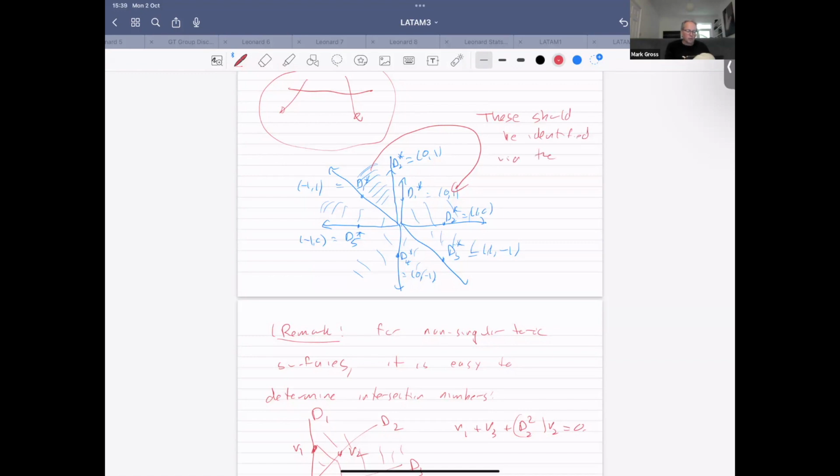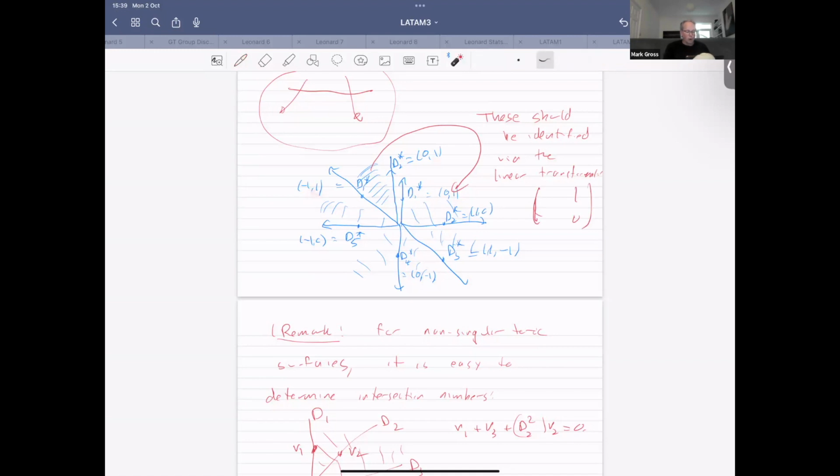These should be identified by a linear transformation. Well, let's see, D2 star is 0, 1. This copy of D2 star should be identified with this copy of D2 star. So 0, 1 should map to 1, 0. That tells me I should have 1, 0 in the second column of the matrix.